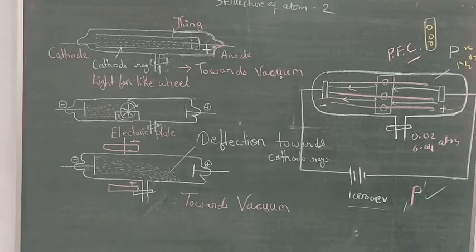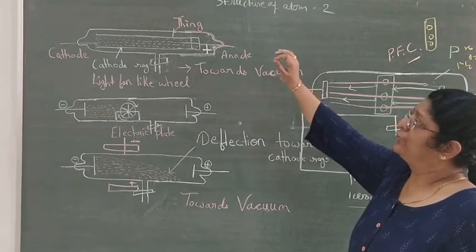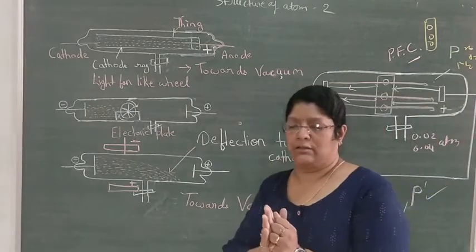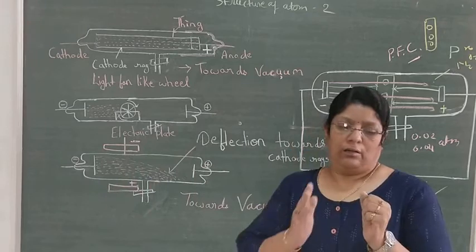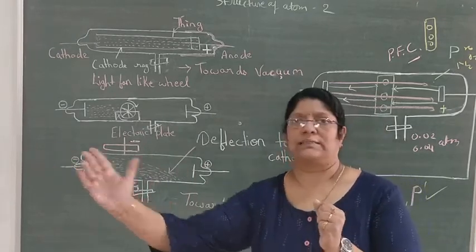Now we will talk about the properties of electron and proton. Electron and proton have a basic difference in that they only differ in charge. Mass slightly changes there, but they are only differing in charge. So what I am telling you is that cathode and anode, both the rays are moving straight in their path.